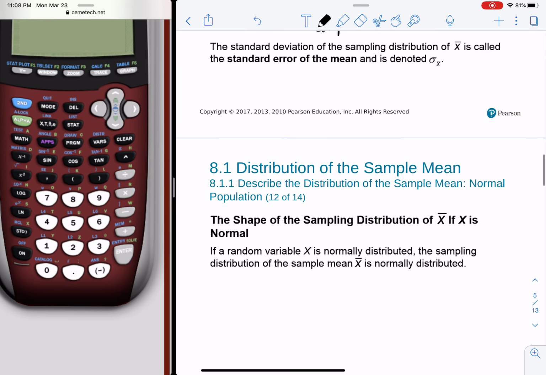The standard deviation of the sampling distribution of x bar is what we call the standard error of the mean, or simply SE. You can notice here we denote it as sigma sub x bar, but for a single observation, or the distribution of a sample, we'd call it sigma sub x.